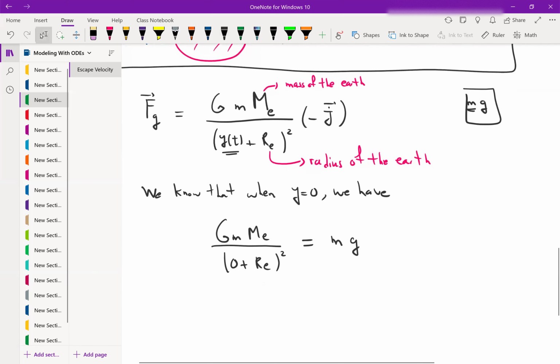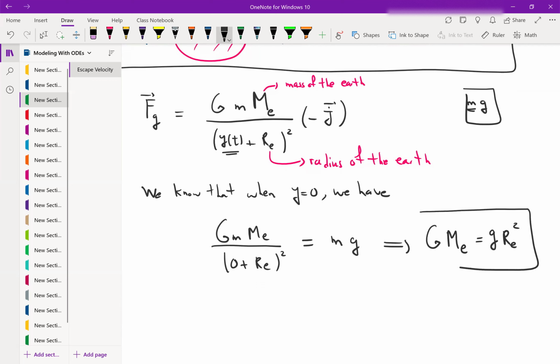So this formula immediately tells me that the constant G times the mass of the Earth is equal to the acceleration due to gravity, which is 9.8 something, the value in meters per second squared, times R_E squared.